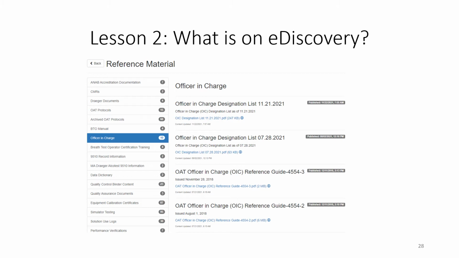So if you're wondering who the officer in charge is for a particular barracks or a particular department, this has a list of each department's designated officer in charge, and the date associated with it, so you can see up to current who the officers in charge are. And there's also a reference guide, which is just some information and materials associated with the responsibilities of the officer in charge. And if you scroll all the way down on this page, you can also open up a document that gives instructions on how to give a periodic test on the instrument.